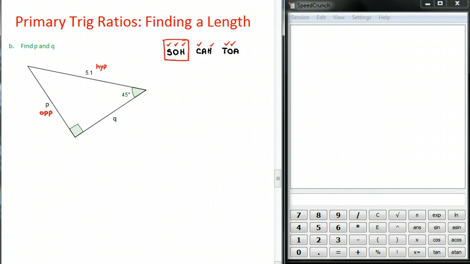So let's set this up, and therefore I say sine of 45 degrees, remember to put that degree symbol, equals the opposite, which is P over 5.1. So now I'm going to multiply both sides by 5.1, and I'm going to get P is equal to 5.1 sine of 45 degrees.